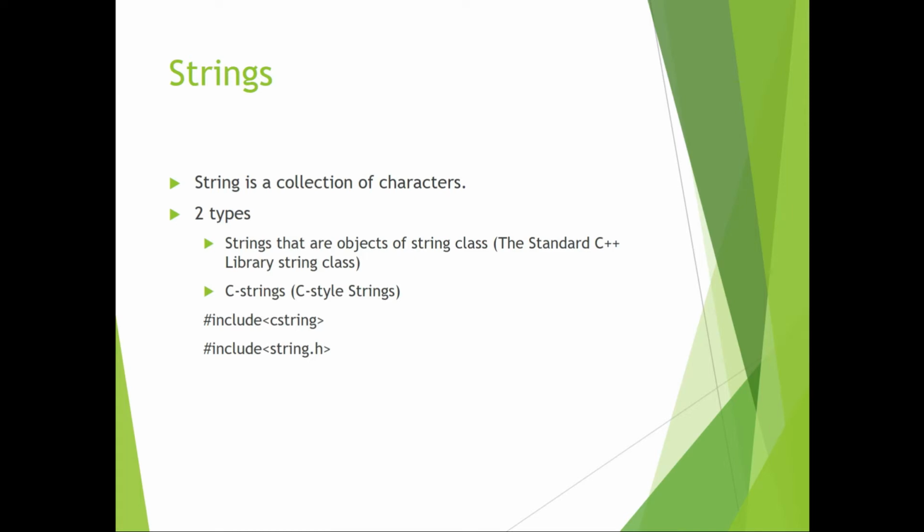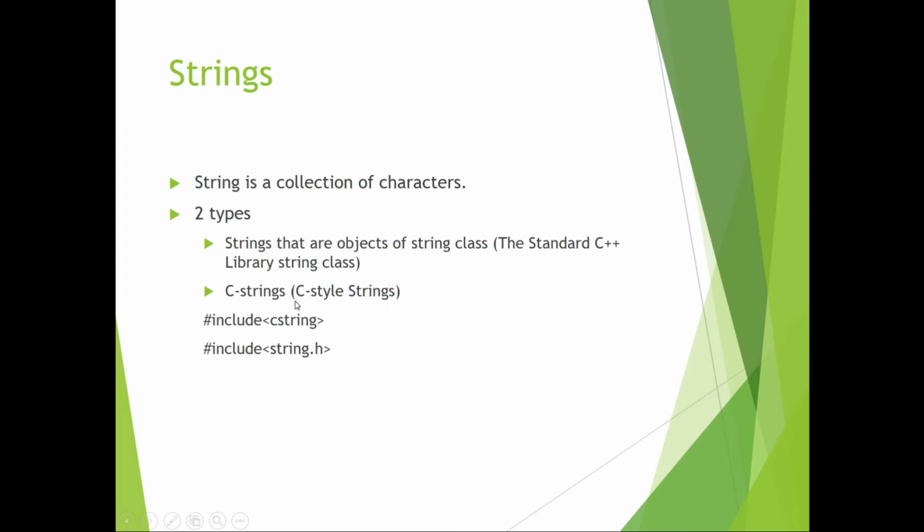Strings that are objects of string class. That is the first type of string, where you have the class name as string, and you will have objects. And the second category, you call it as C strings or C style strings or character string, when you use a keyword which is called char.